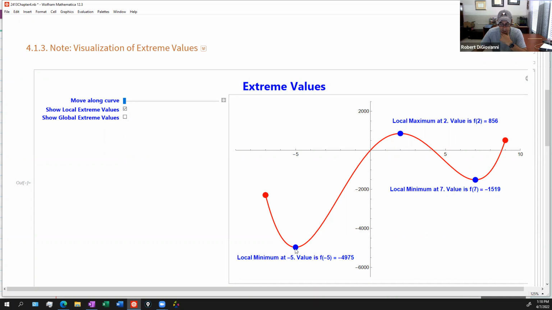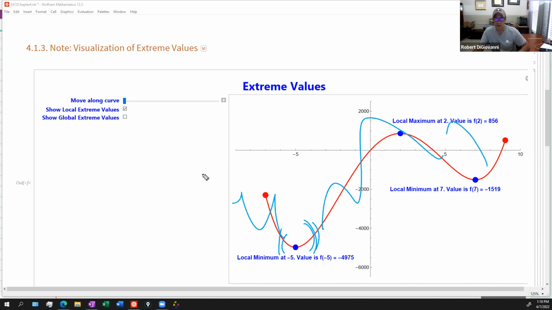So this point right here, this blue point, is called a local minimum because if you just focus your attention on this little area and forget the rest of everything, that would be the lowest point in that little region. Locally, it's the lowest point.